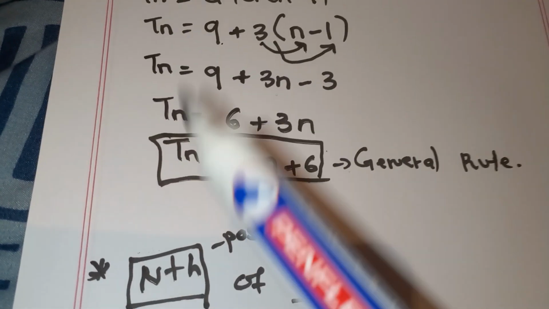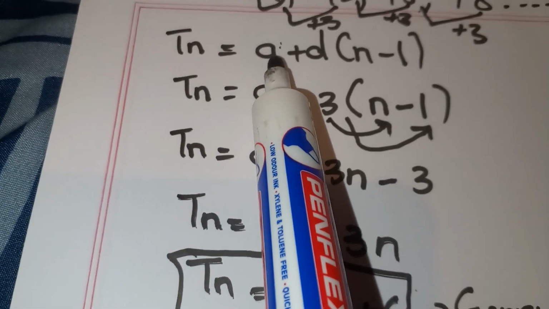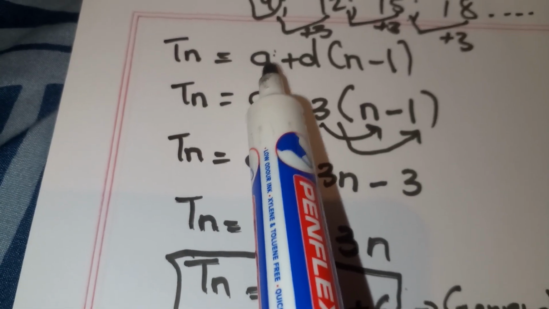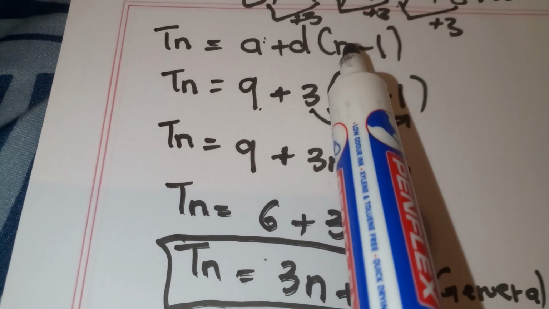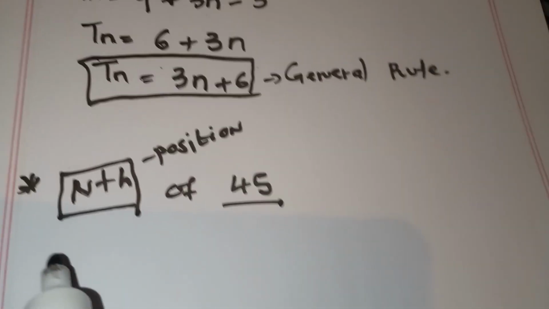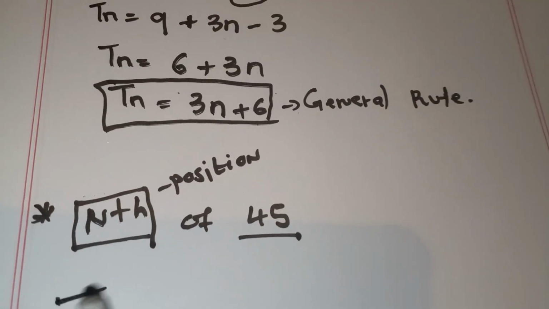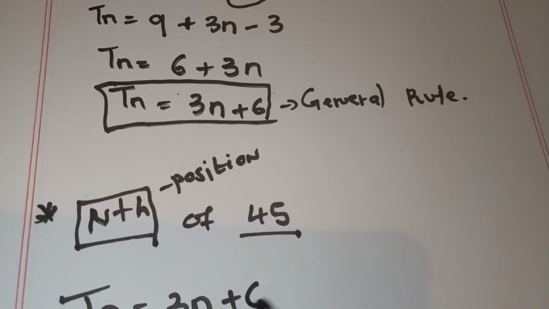If you recall very well, this Tn is for the term, this A is the first term, the constant difference, and then this one is the position. In this case, we are given the term. So you can just write your general rule: Tn is equal to 3n plus 6.